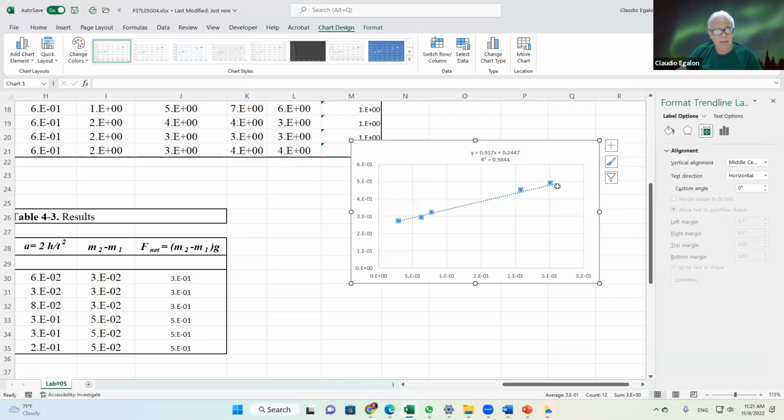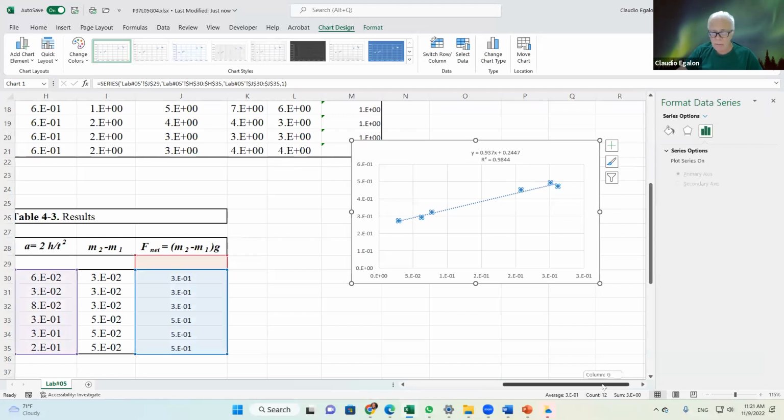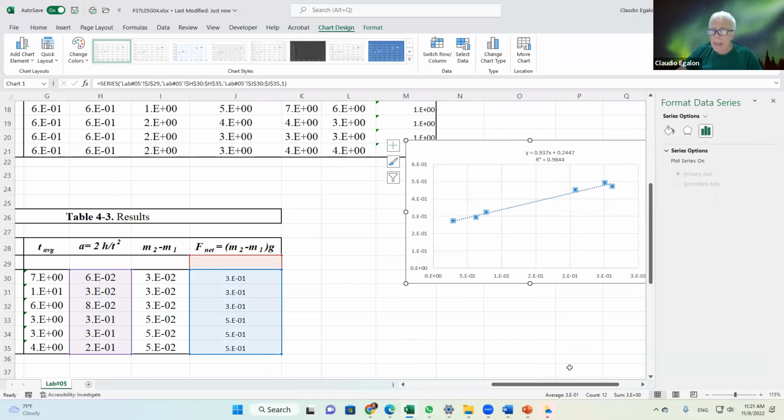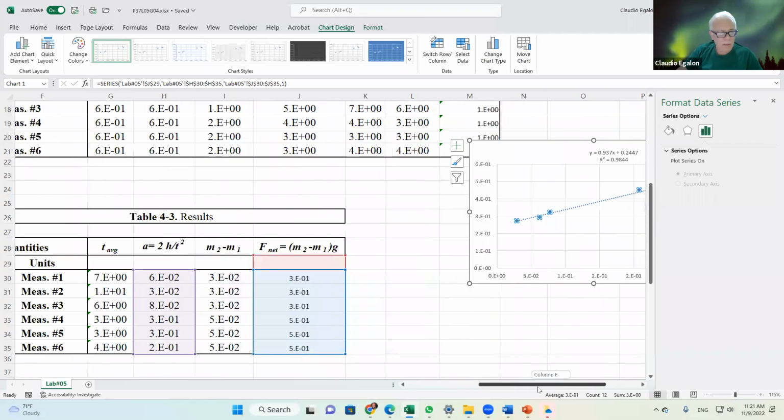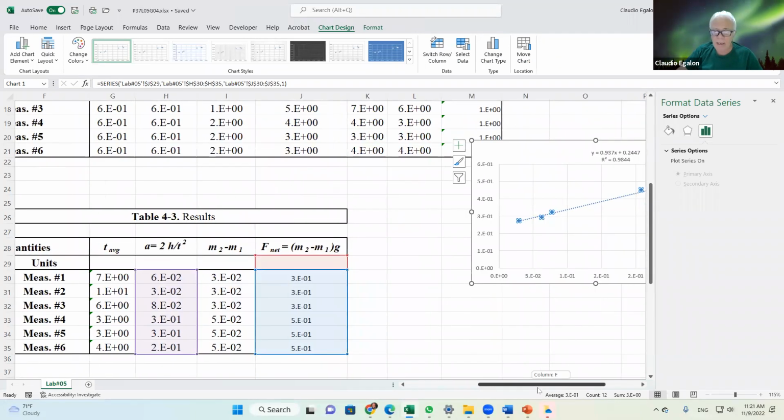If I eliminate this data point, I'm going to get a better slope. It must be this data point right in here. That's my assumption. It's the highest net force and the highest acceleration. So let's eliminate that.